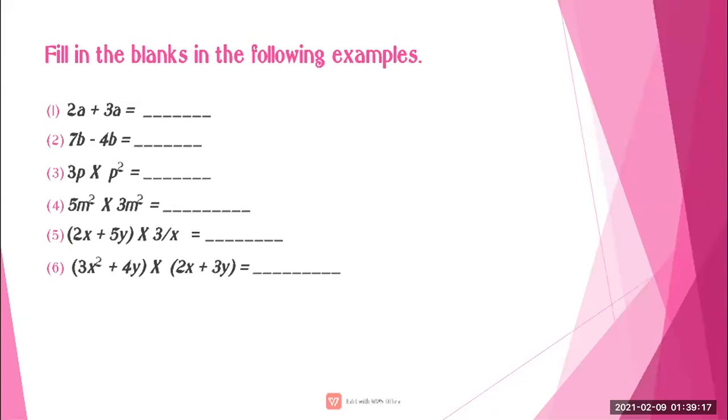So your answer will be 5 3s are 15 and m square times m square will become m to the power 4. So the answer will be 15m raised to 4. Is it clear? Now next is 2x plus 5y multiply by 3 upon x.